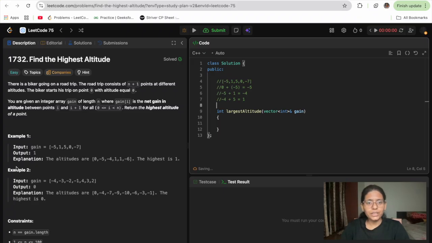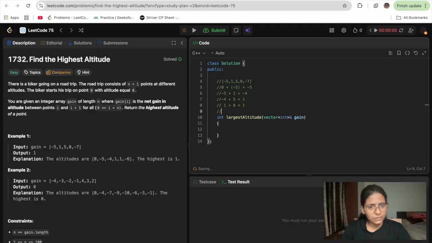Now I am at height 1, and the next gain is 0. So the biker travels on the same level, and the height remains the same, that is 1.